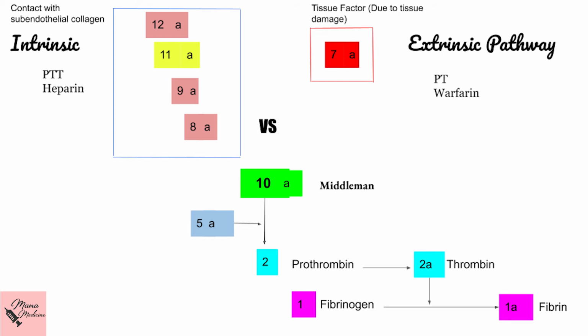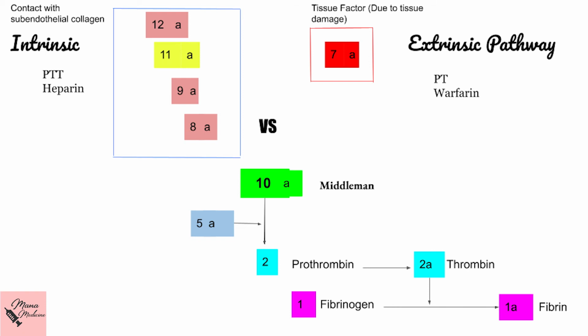They named the team 7 as extrinsic pathway because of all the external injuries he got from the 11 team. This is why 7A has a red color, because he got a lot of tissue damage, a lot of external injuries, and this is why he's termed as extrinsic pathway.